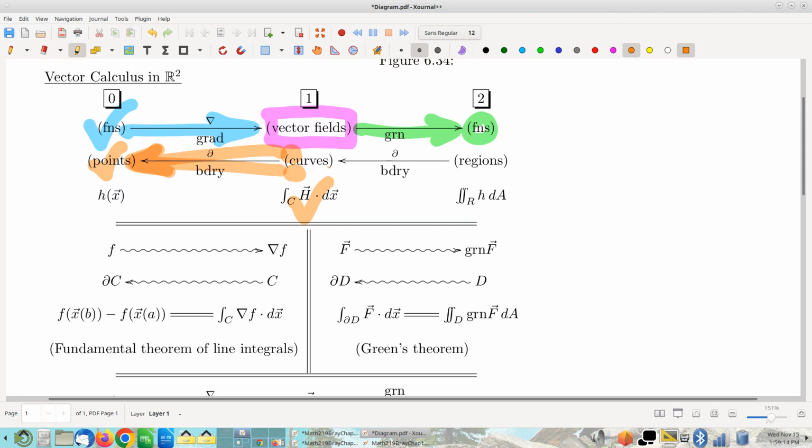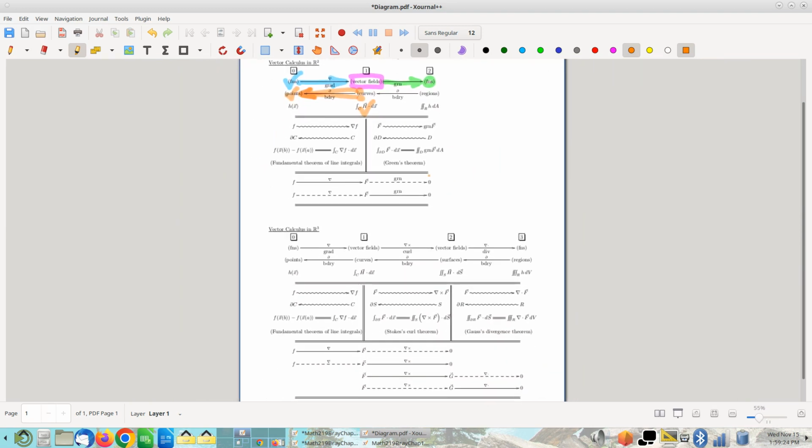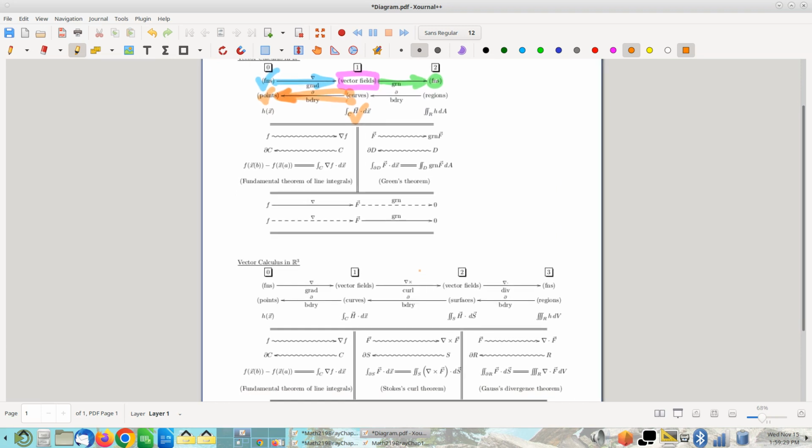Now you might say to yourself, okay, fine, that's what it looks like on a diagram. Who cares? Here's why we care. Turns out there is a 3-dimensional version of this diagram. This is valuable for all the same reasons: differential forms, sophisticated results, powerful things that you can do.